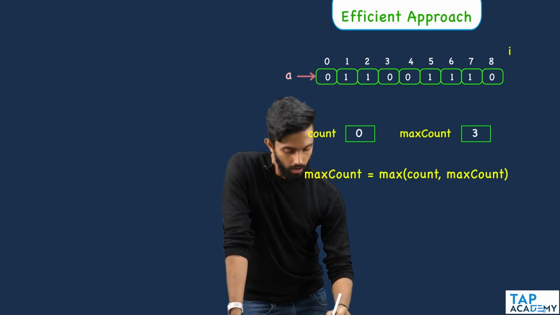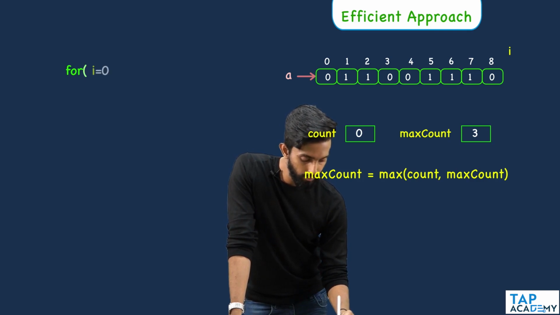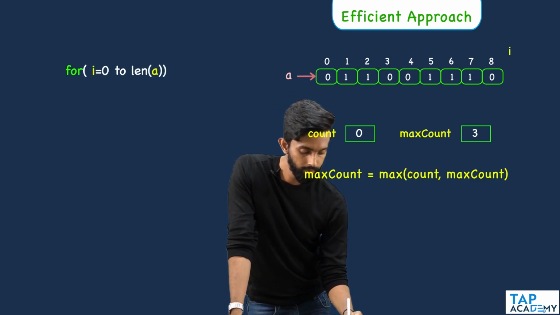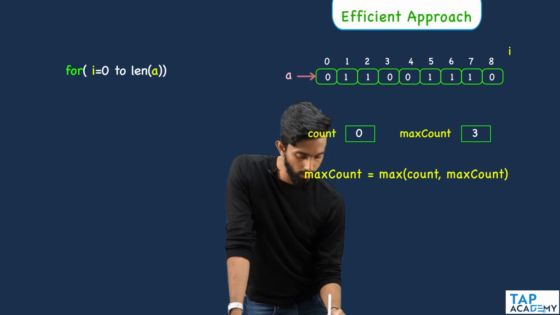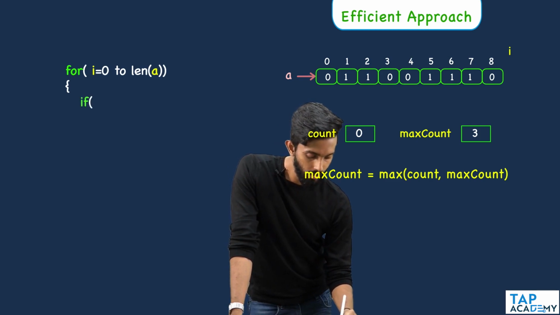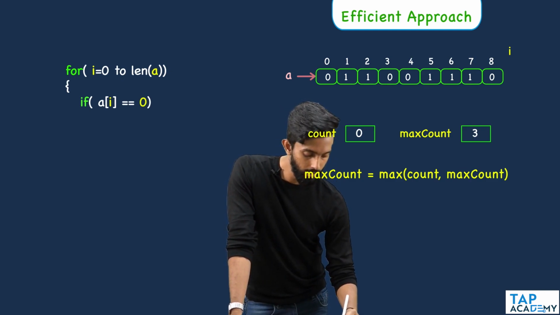Watch it. First and foremost, I will write a for loop. I begins from 0, correct. It goes to the end, so length of a. What is I doing inside this? Simple condition. I will check if the ith element was 0. If the ith element is 0, immediately I made my count as 0.